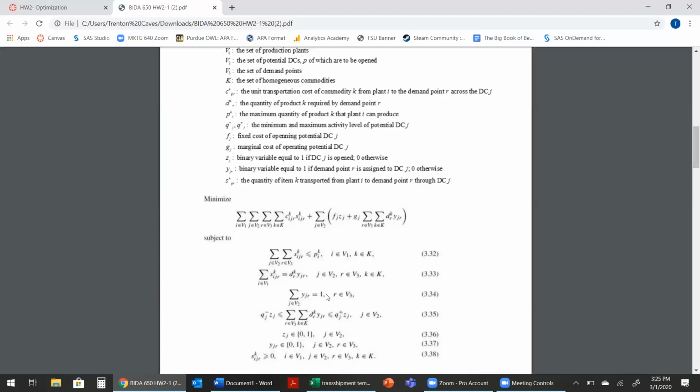So let's use our variables from our second question as an example. Our distribution centers are our warehouses, and our demand points are our retail outlets.